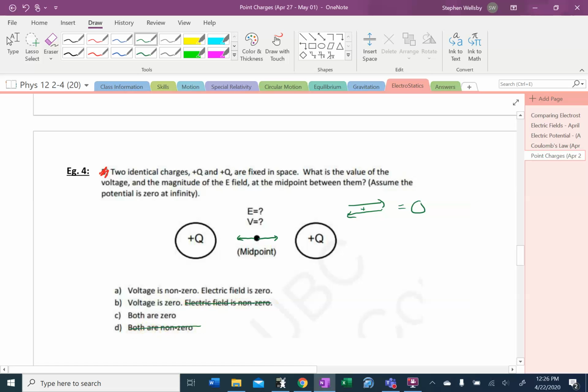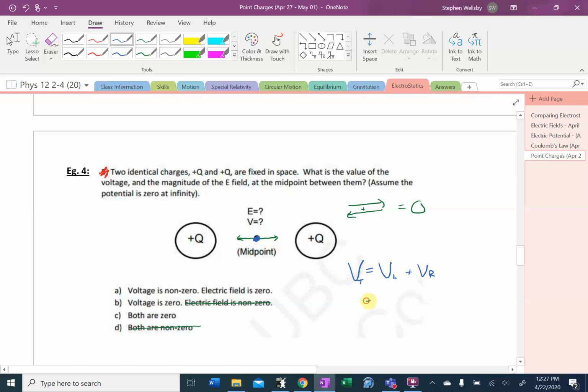Now what about potential? When we're dealing with potential, we're not adding vectors, we're adding scalars. So this value here, the potential at this midpoint from this charge on the left is going to be, actually let's just go even more high level. If we want to know the total potential, this is going to be potential from the left charge plus the potential from the right charge.